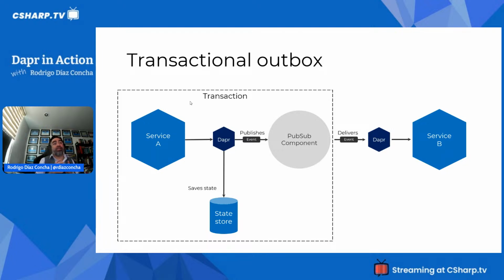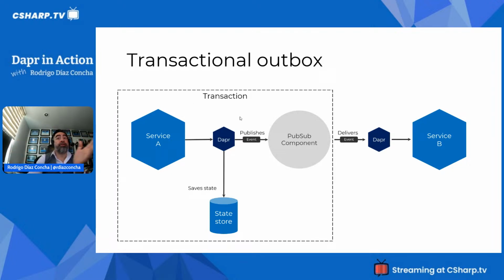This is for consistency's sake, right? And the transactional outbox pattern can help you with that consistency, since it allows you to save the state and publish the message in a single transaction.